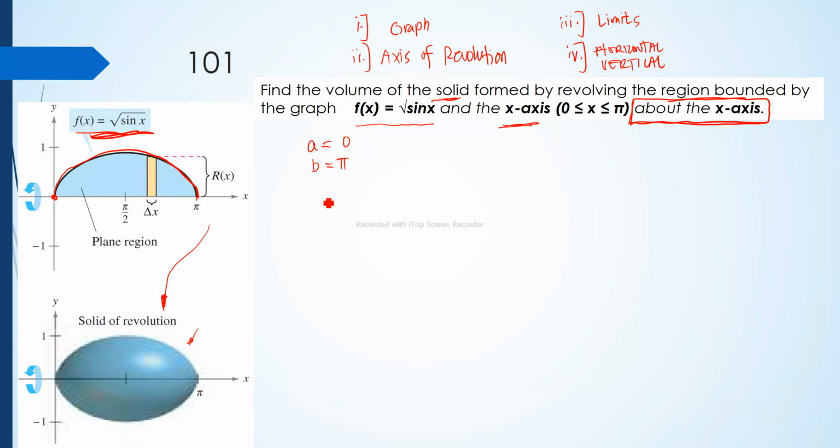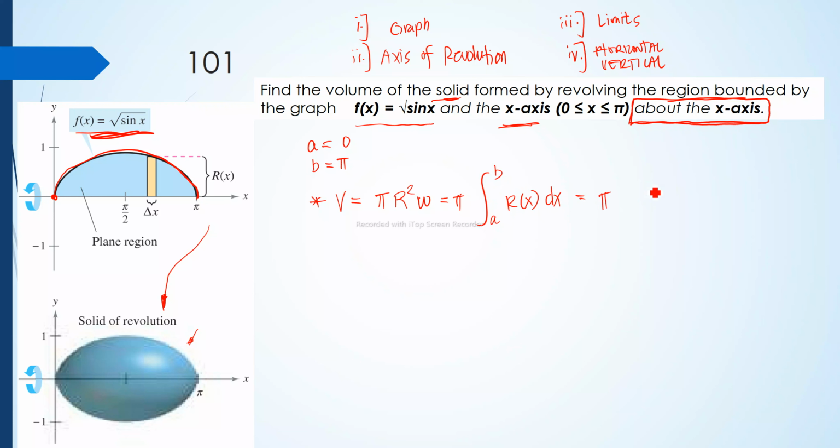So that is just simple, no? Applying the concept that the volume for the disk is just equal to pi r squared times the thickness, that is equal to pi times the integral of r of x squared dx from a to b.